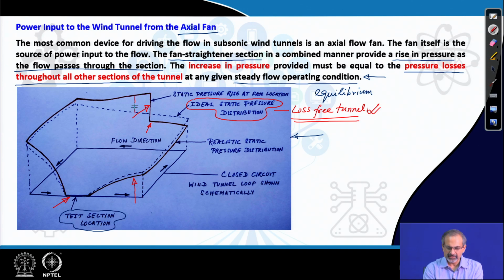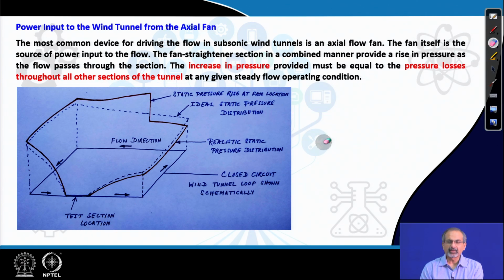So, here as you can see, the actual static pressure distribution is overshooting that of the ideal, and then as the losses start accruing, gradually it again starts falling closer to the ideal static pressure distribution, and by the time it is at the test section, they are balancing each other. So, this is the actual story compared to the ideal story. If you have a better tunnel, you need a smaller jump across the fan, and you can still sustain the flow, because you are incurring less losses and therefore, less drop in static pressure.